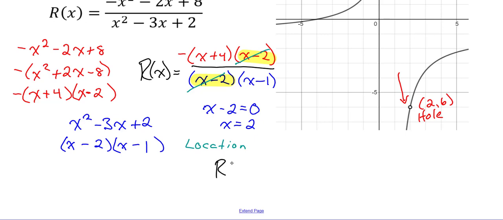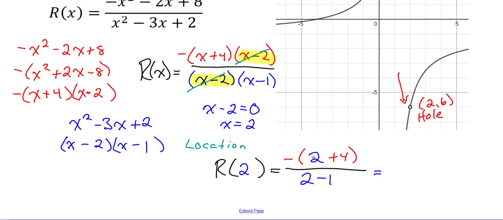So it's going to become r of 2 equals, and we're going to keep the top as negative, and then we'll put the 2 in for the x plus 4, and on the bottom we'll be doing the x minus 1, so it's going to be 2 minus 1.